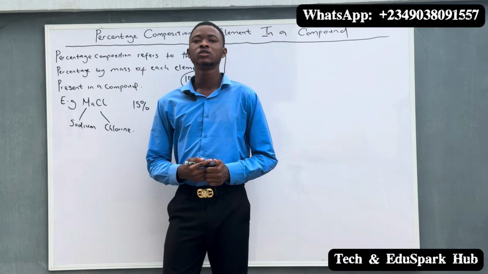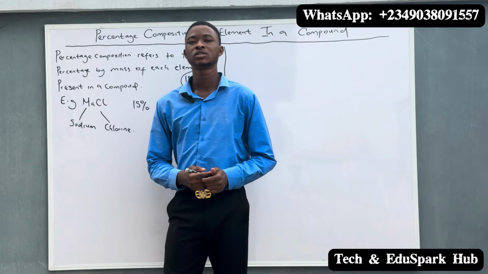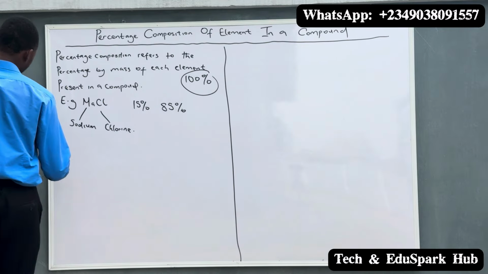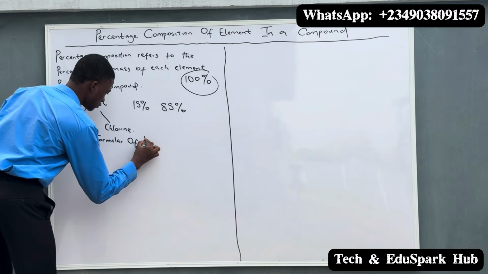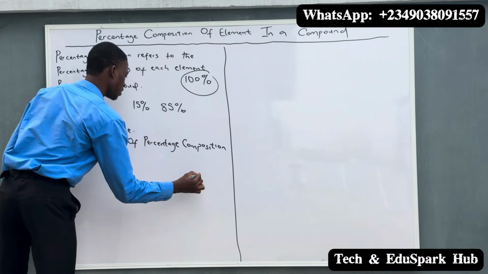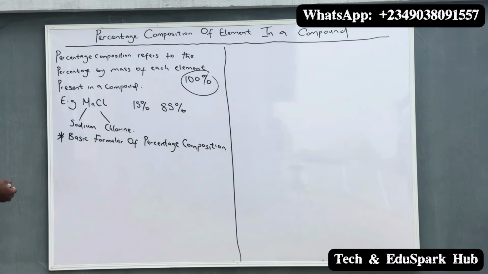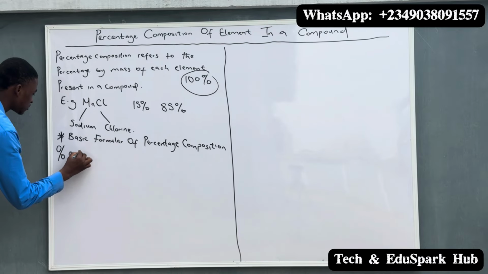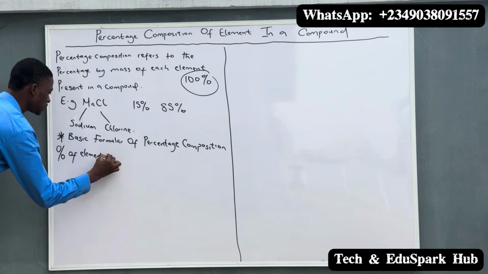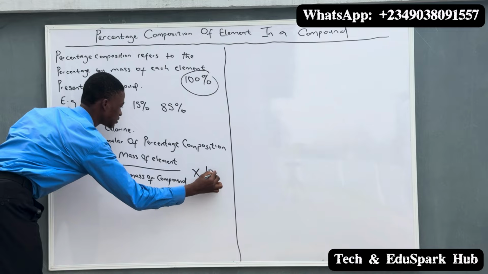Next up, we'll be moving to the basic formula of the percentage composition. So let me just write that down. We have the basic formula. The basic formula of the percentage composition is given by: percentage of element is equal to the mass of that element divided by the molar mass of the compound, multiplied by 100%.